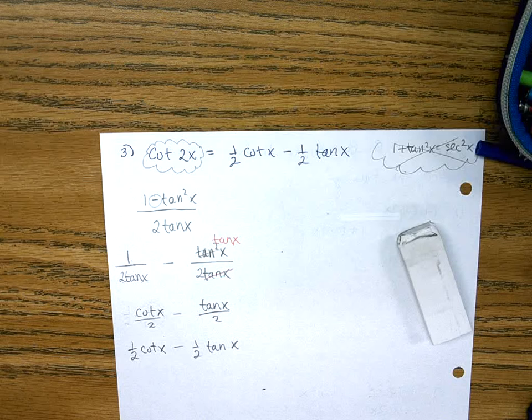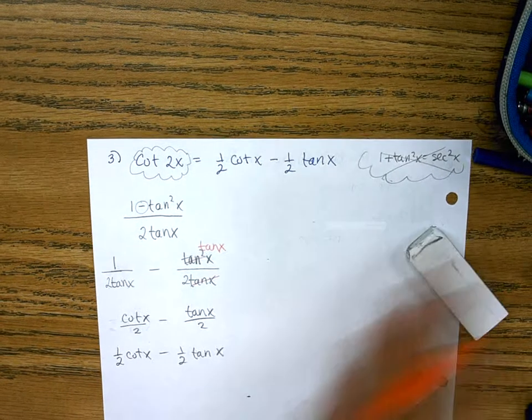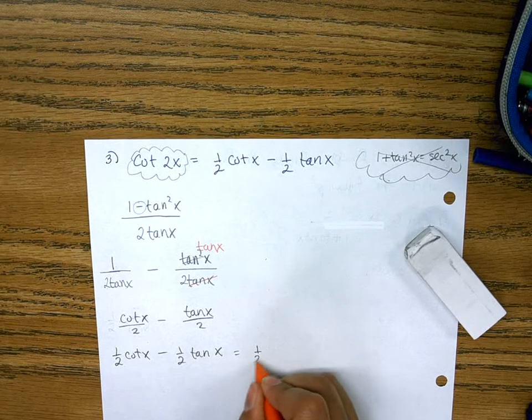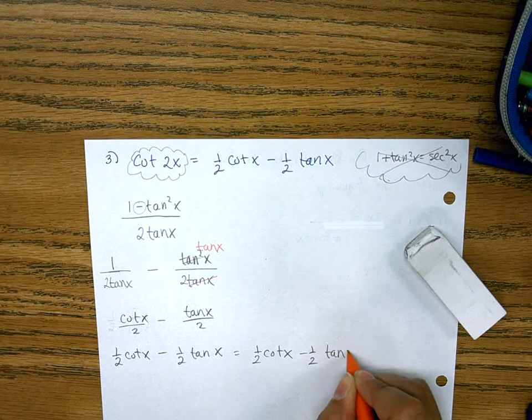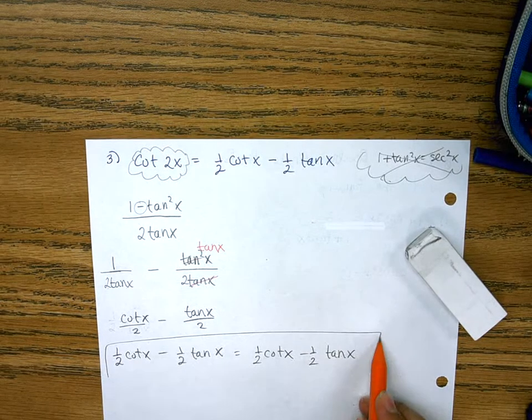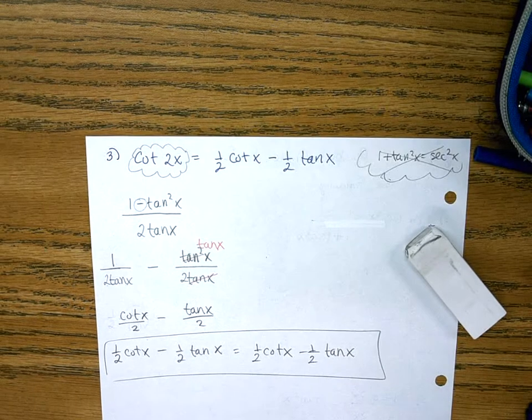Cotangent x over 2 is 1/2 cotangent x. All in all, we end up with what we are trying to prove. It equals 1/2 cotangent x minus 1/2 tangent x. And we are done with these notes.